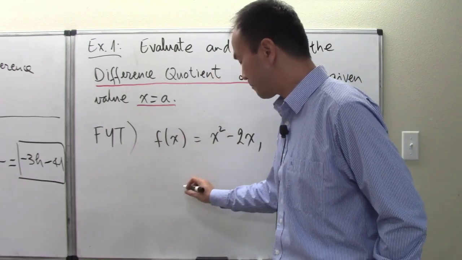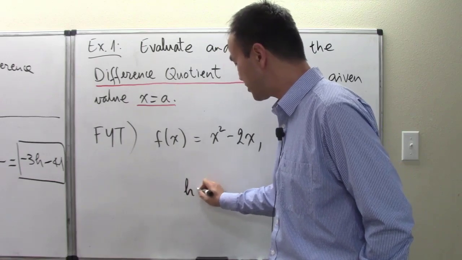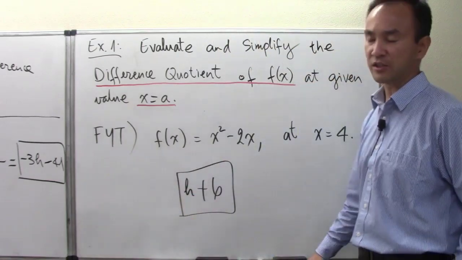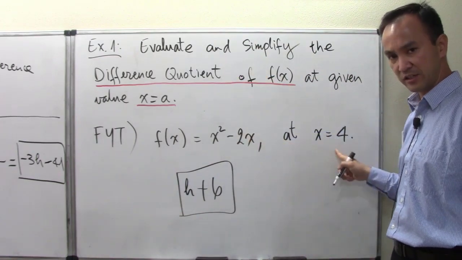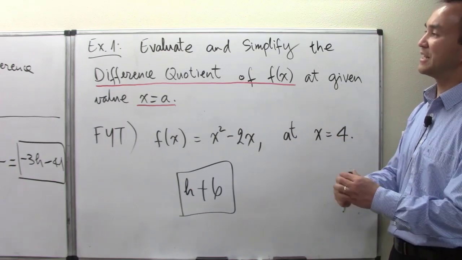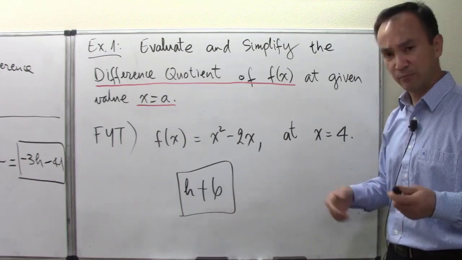But that final simplified expression should be simply h plus 6. That should be your final answer for the difference quotient of this function at x equals 4. Now we really are ready for getting into example 2.